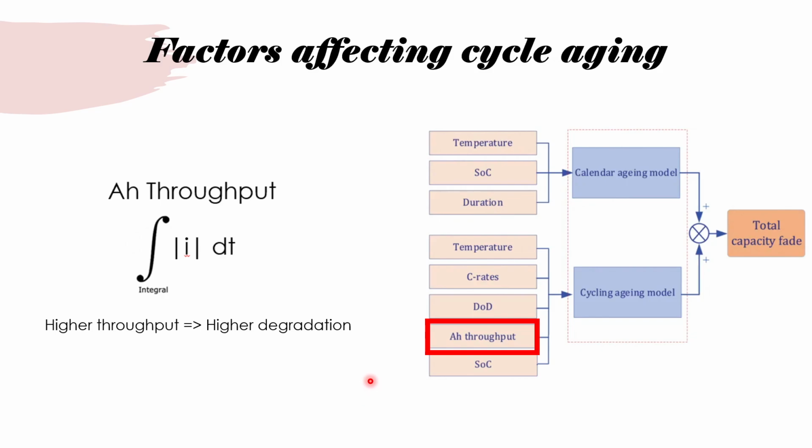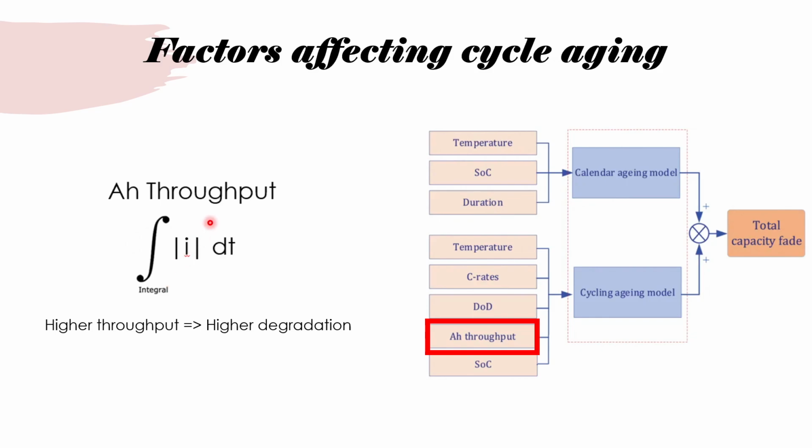AH throughput indicates net charge or cumulative charge, which is going through the cell, coming in and going out of the cell. So the cumulative charge, which is nothing but integral of current in absolute values over time.